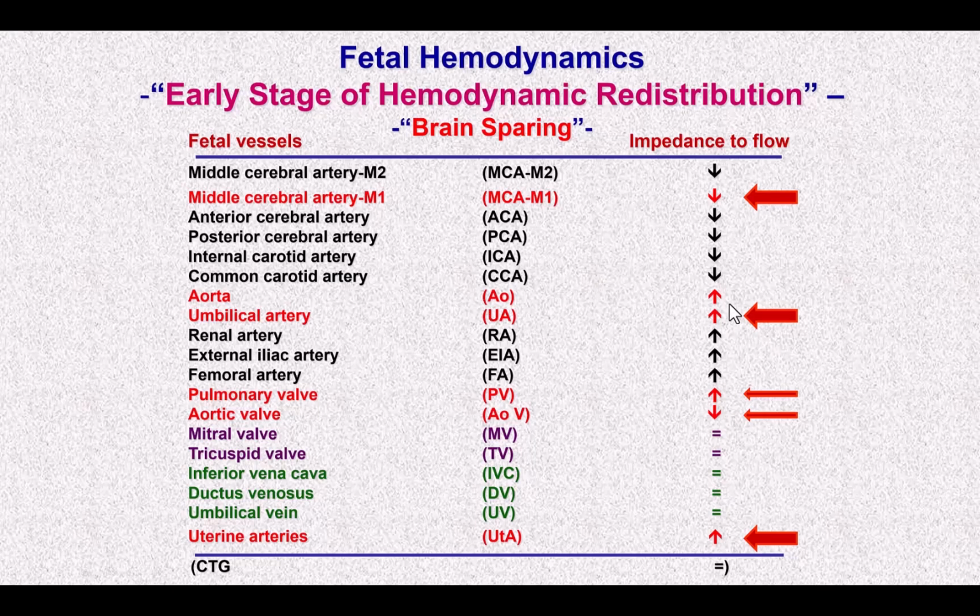We can find an increased impedance to flow in the arterial district, and particularly also in the umbilical artery, an alteration in the pulmonary valve and the aortic valve time to peak velocity, and as usual, because it's an essential aspect of the IUGR fetuses, an altered perfusion in the uterine arteries.